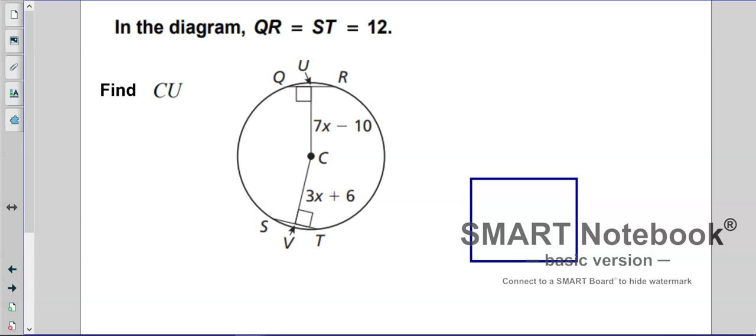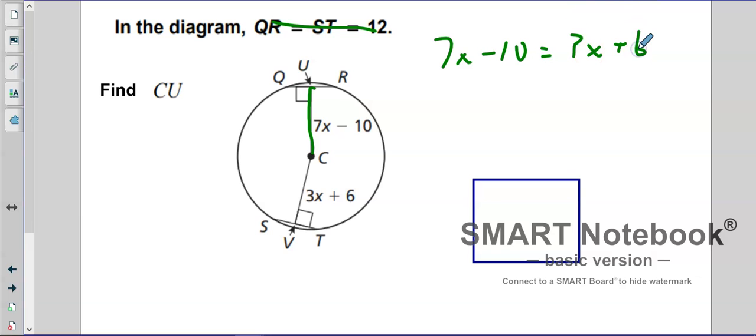QR equals ST, and they're both 12. Okay. We're trying to find CU. So this is the easier one. We're just trying to find this. Therefore, we actually don't even need this information because all we're doing is finding X and plugging it in, which we've already done.